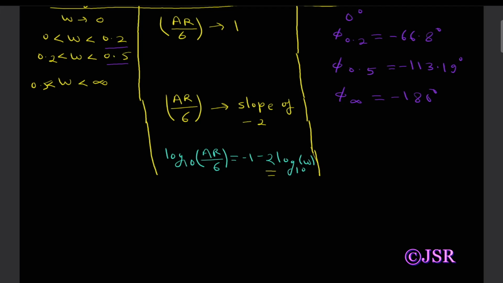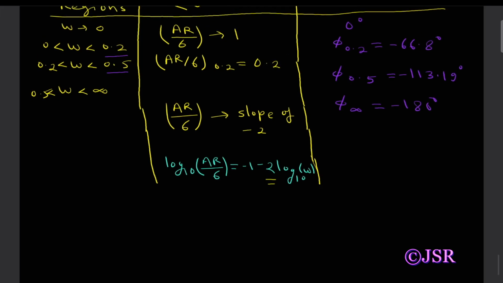When omega lies between 0 to 0.2, we have the value of AR by K at 0.2, and that is equal to 0.26.